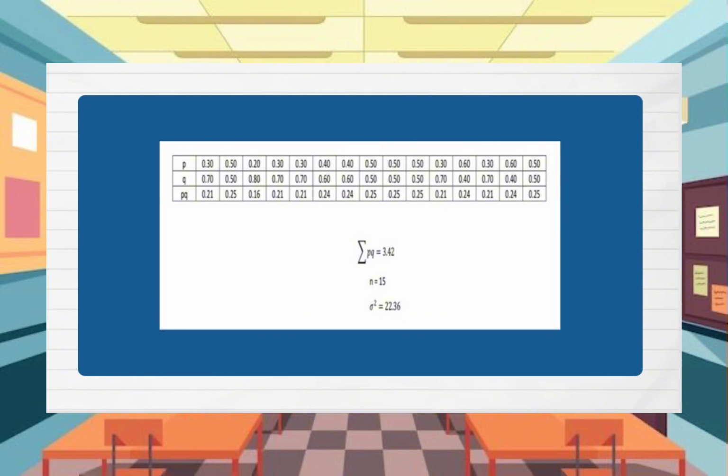Then 3 divided by 10 is equal to 0.30. And in finding the value of q, which stands for the students who got the wrong answer, it is 1 minus the value of p. For pq, we just multiply p and q.